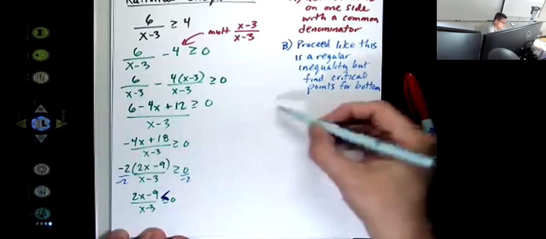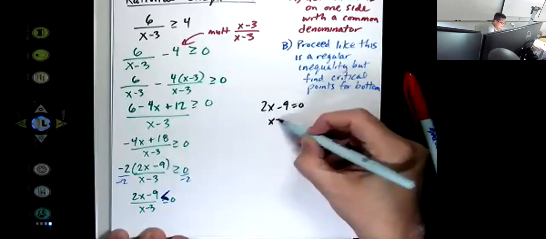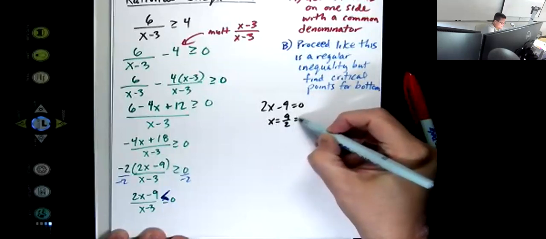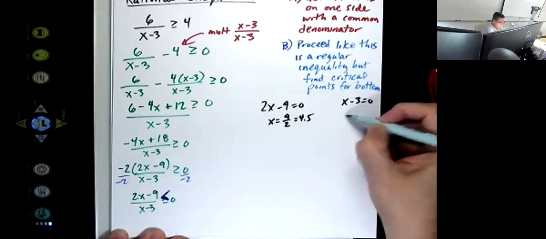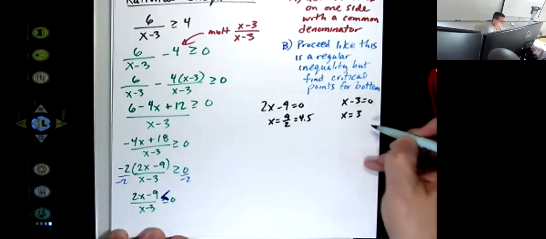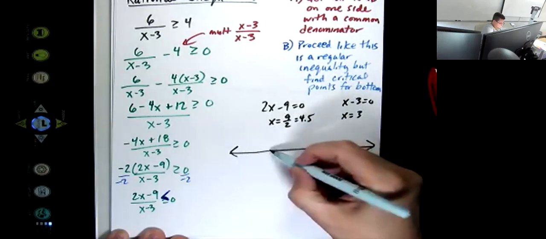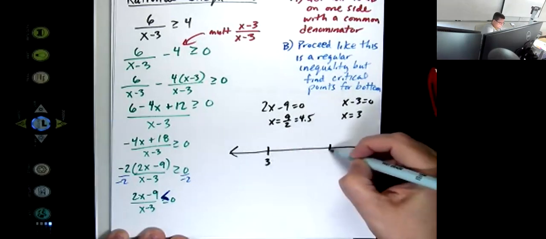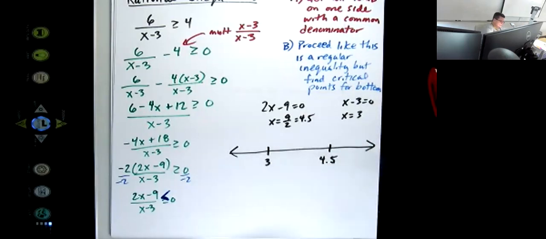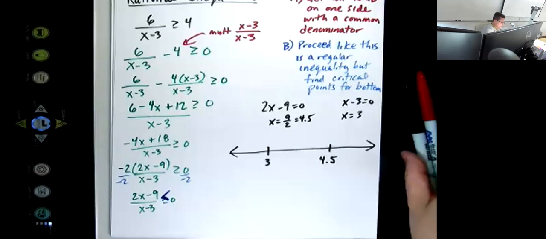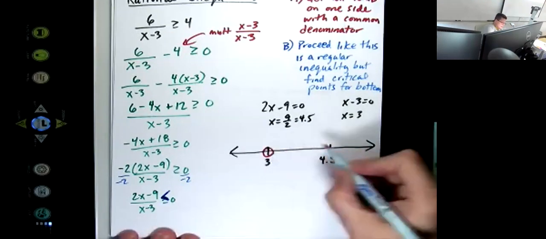Alright, so 2x minus 9 equals 0 gets me x equals 9/2 or 4.5 as a critical point. And x minus 3 equals 0 gives me x equals 3 as a critical point. I'm gonna put circles on both of them.